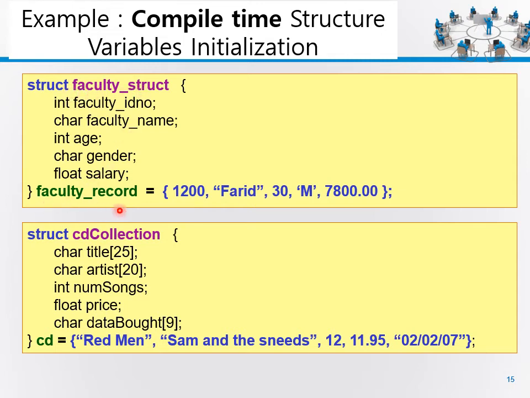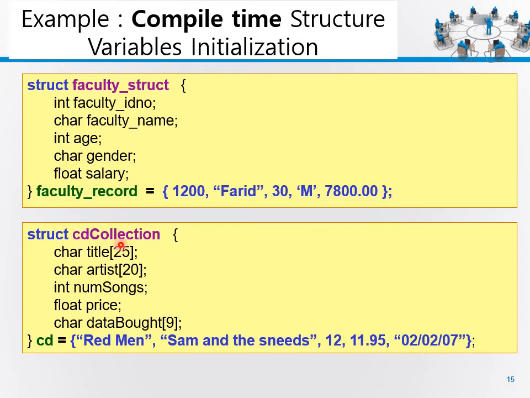Then this is how you initialize the structure variable. You have faculty record equal to, so these are all the data: the ID number, the faculty name, the age, the gender, then the salary. So this is the other way, the simplest way to declare and initialize the structure variable.